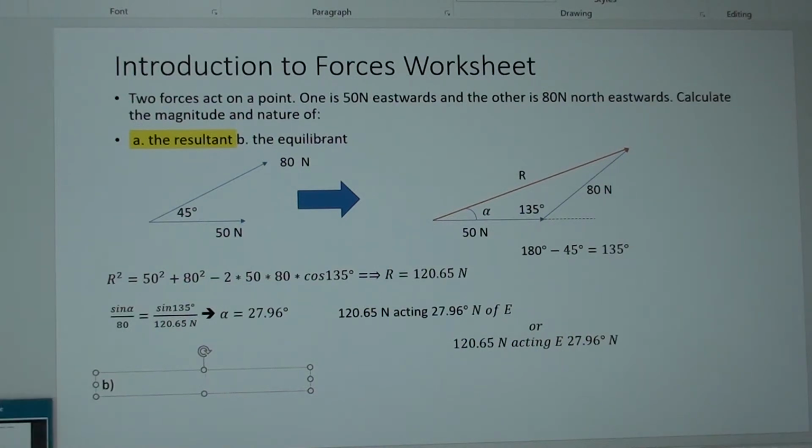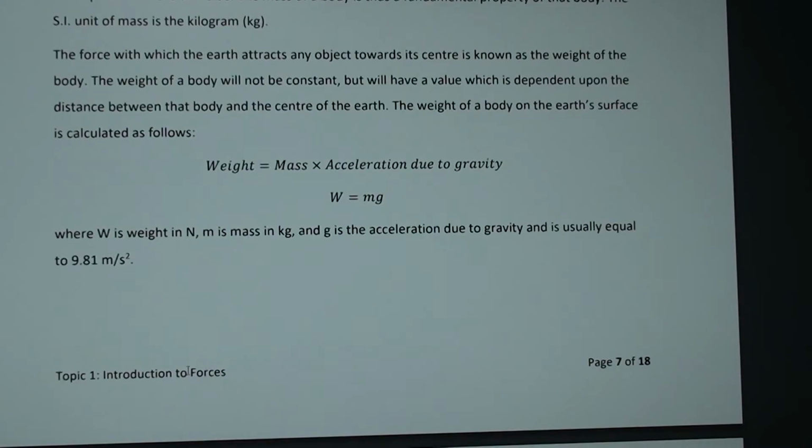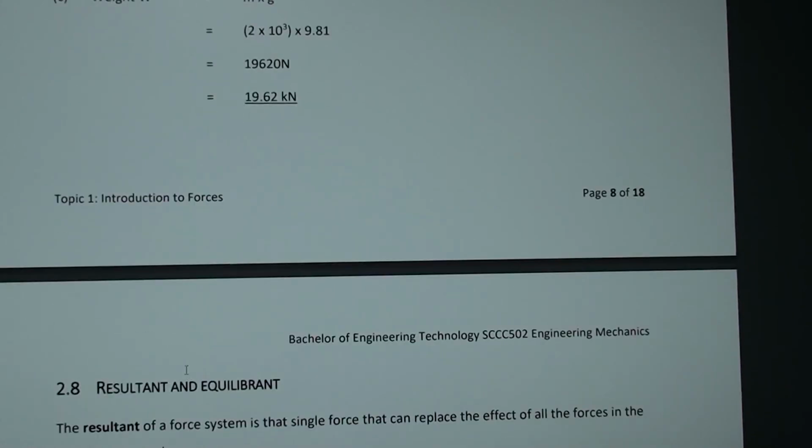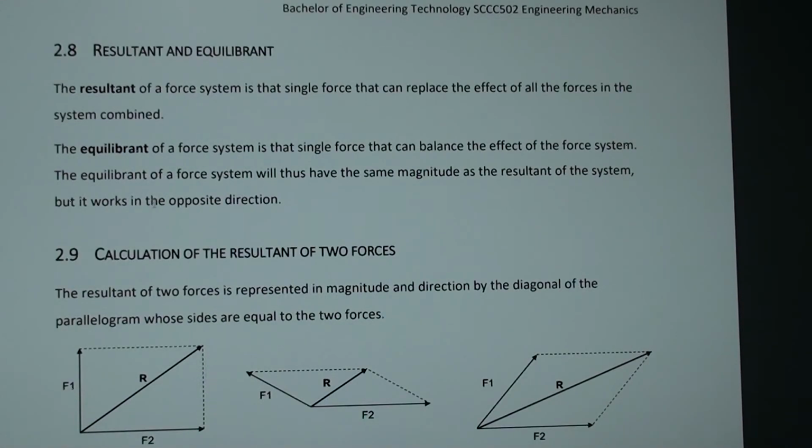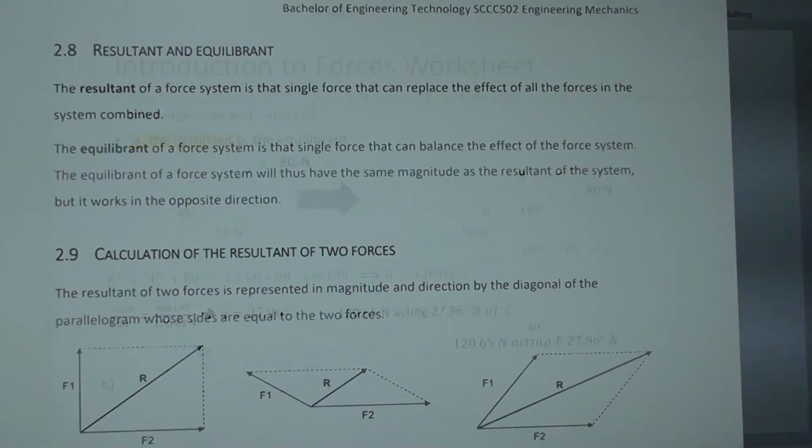Again, I really advise you to go through the lecture notes, section 2.8, page 9. The equilibrant of a force system is that single force that can balance the effects of the force system. The equilibrant of a force system will thus have the same magnitude as the resultant of the system, but it works in the opposite direction, and we'll see that very soon.